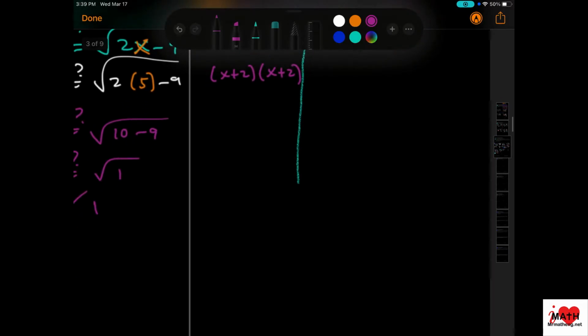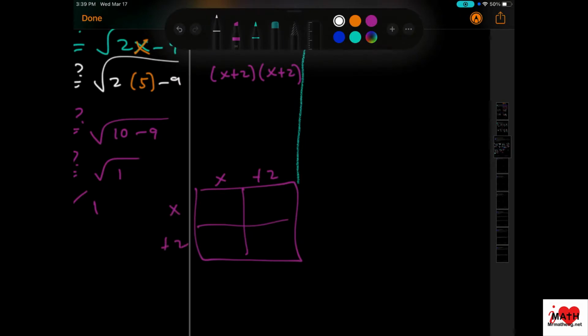And I can just do a side problem. X times x, x squared, 2x, 2x, and 4. So this will give you x squared plus 4x plus 4, because I combine like terms there.